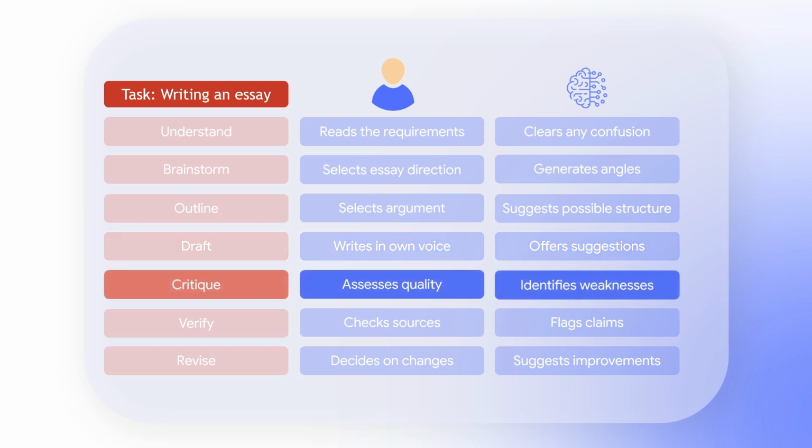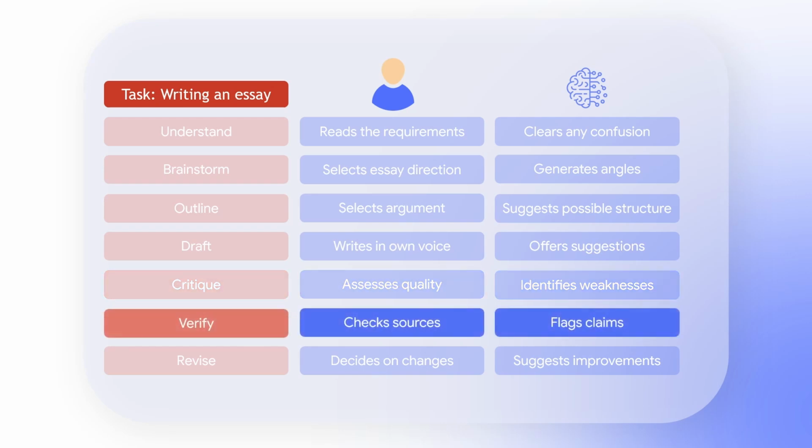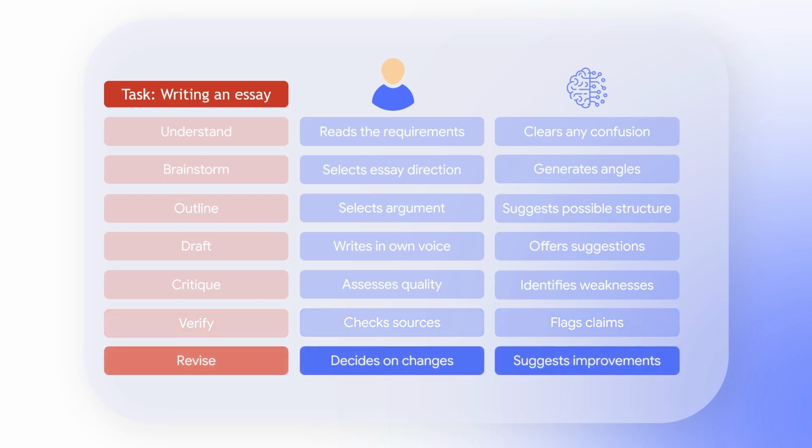For critique, you judge quality. The AI helps identify weaknesses. For verification, you check the sources. The AI flags claims that need evidence. And when you revise, you make the decision. The AI suggests improvements. At every step, notice the pattern. The human stays responsible for the final output.